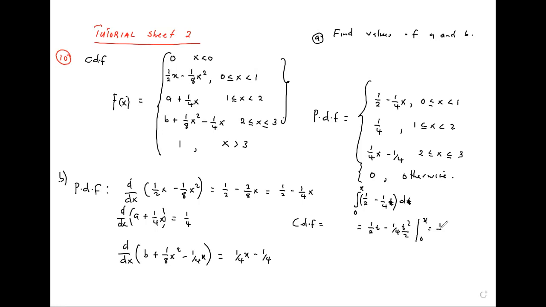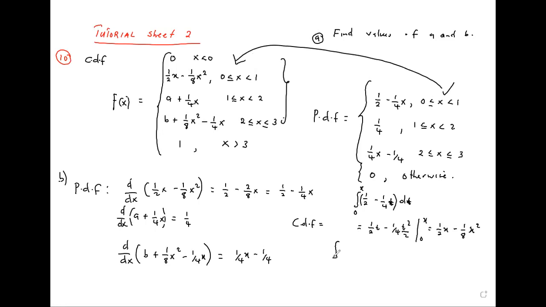When you place x, you get half x minus 1/8 x squared. So that piece is transformed to this one here.